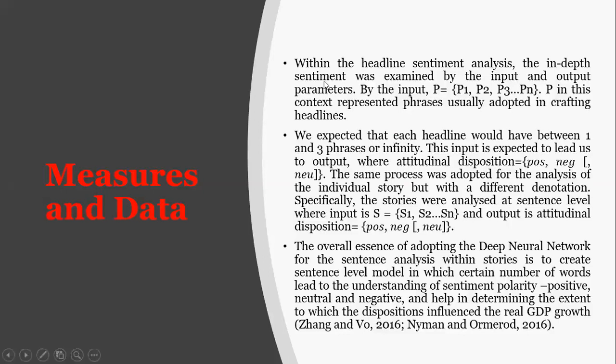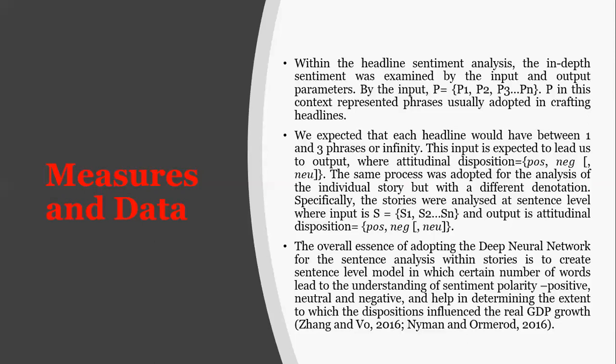We can see that within the headline sentiment analysis, apart from looking at the headline and saying this headline is in a positive, negative or neutral direction, you can also look at the sentiment analysis within the text. So we examine the text, input and output. The P in this context represents phrases in the headline. We expect that each headline will have between 1 and 3 phrases.